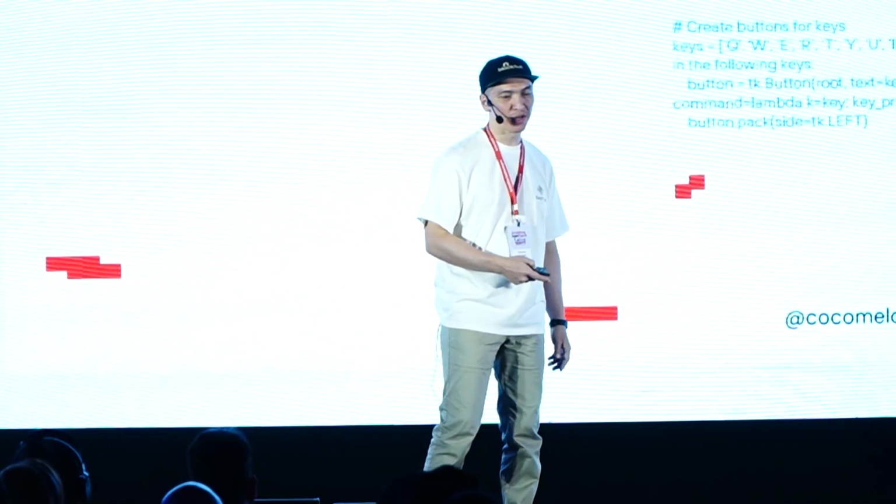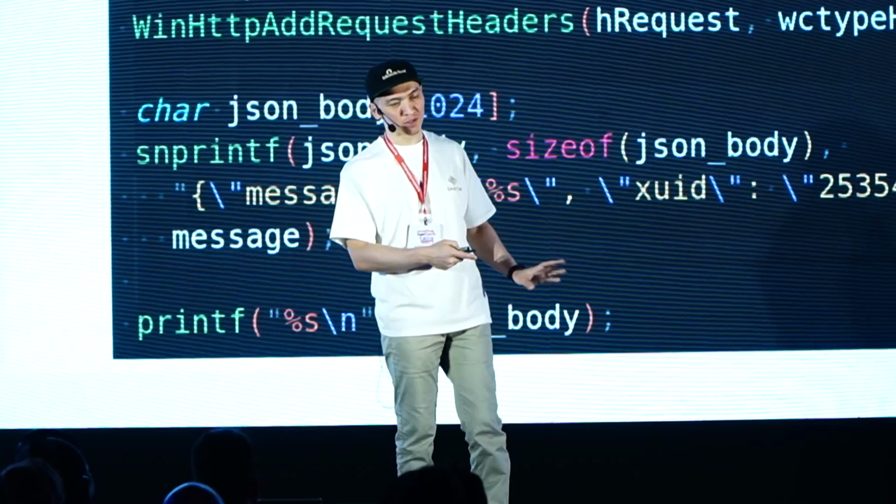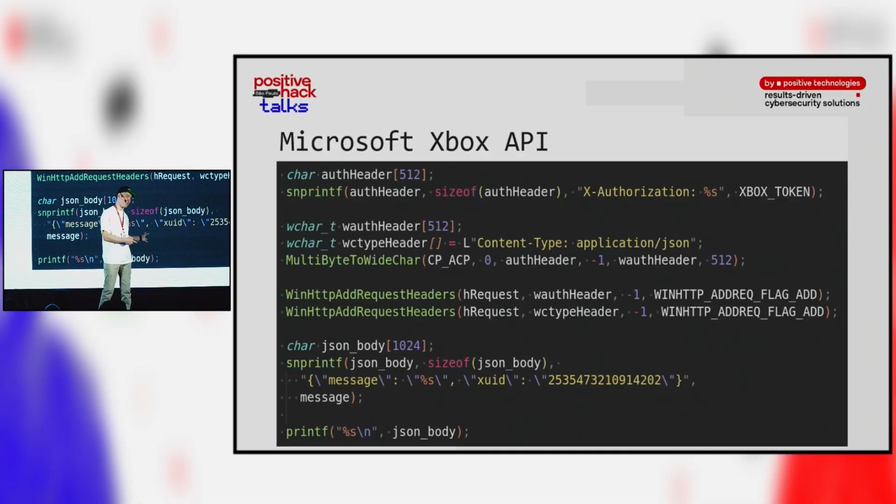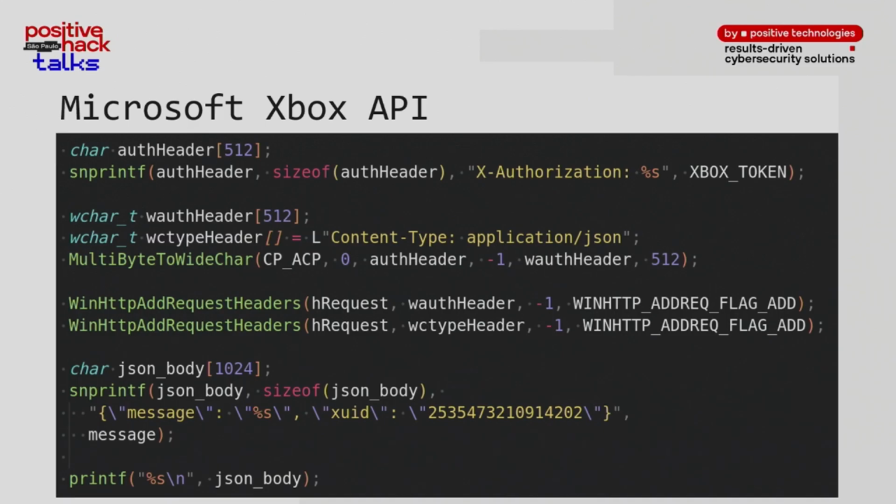But in this case, you have two interesting things. First one, everything looks like the previous scenarios, but in the Xbox API, you can use any random XUID. This bug is fixed now, but the bad thing was that you can use any authorization, any token, not related to your target organization.